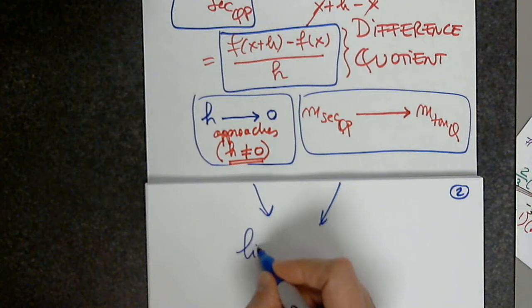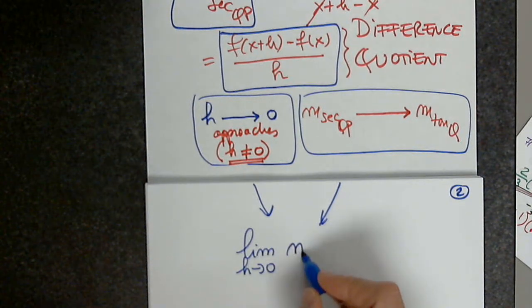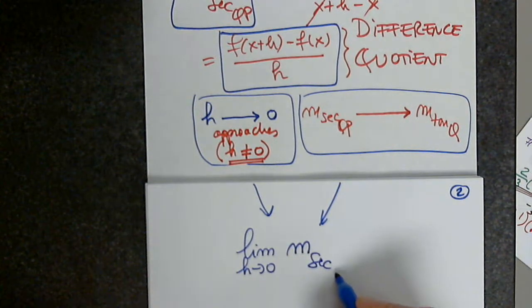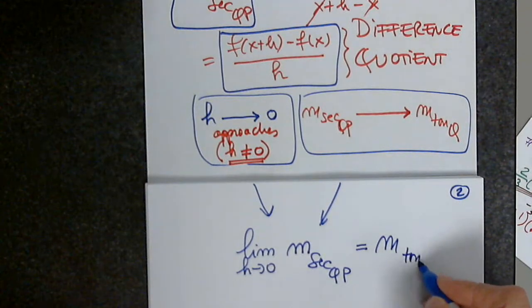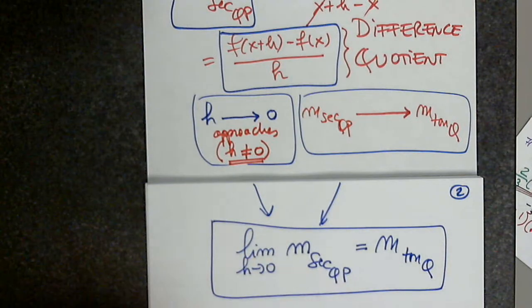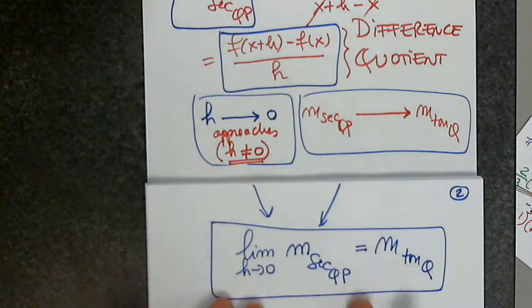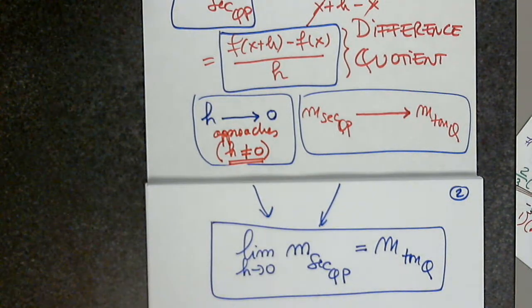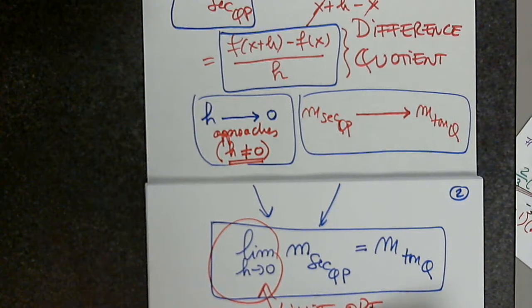So it will be that the limit as h approaches 0 of the slope of the secant line QP will be the slope of the tangent line at Q. Instead of writing these two, we will write this. This is what is called the limit operator.